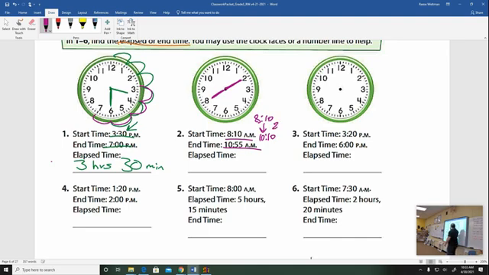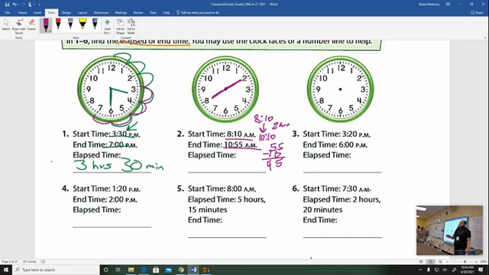We need to account for 55, right? So we need to take some time away from that.